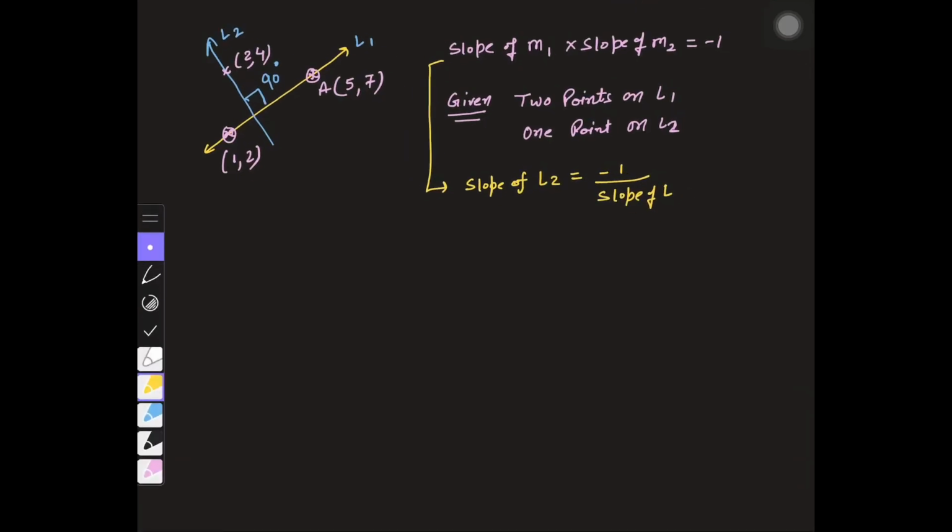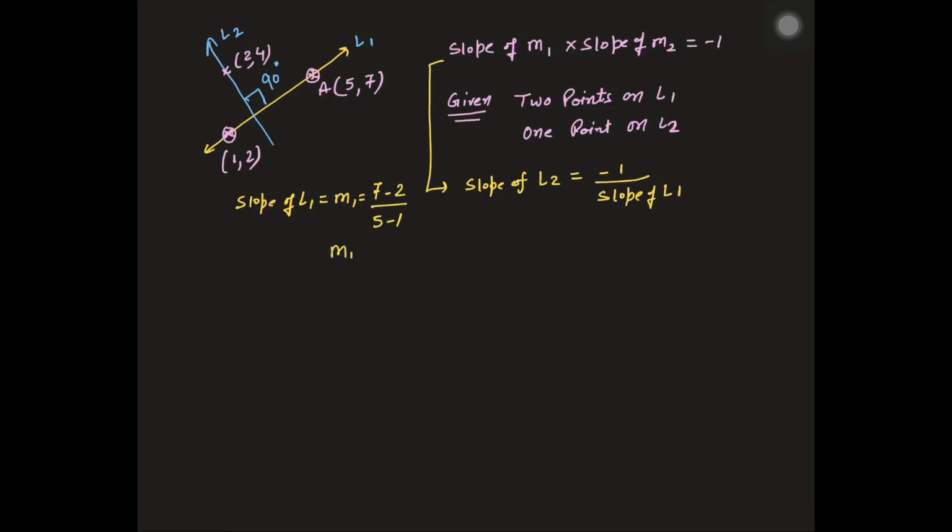So figure out the slope of L1 first, which is 7 minus 2 divided by 5 minus 1. So it's 5 over 4. So the slope of L2 should be -4 over 5. Okay, don't worry, I'll show you here. 5 over 4, it's -4 over 5. Negative and reciprocal. So the point was 2 and 4, okay, which we can use for x and y.